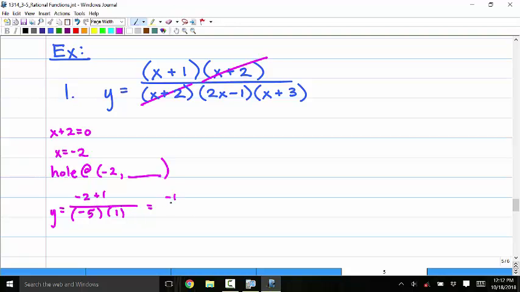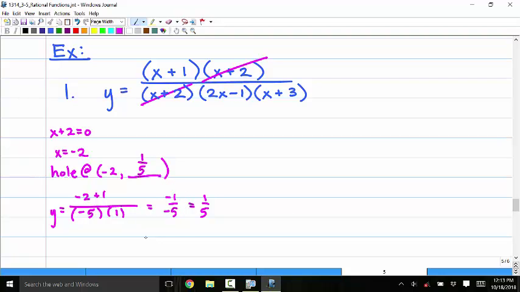So I get negative 1 over negative 5. I have a hole at the point negative 2, comma 1/5. Say it again. Negative 1 over negative 5 is positive.